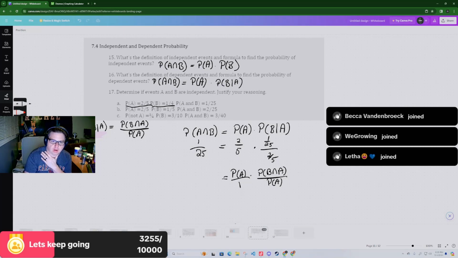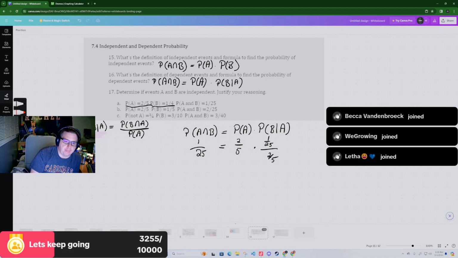Don't they cancel each other out? And we're left with the probability of A and B equals the probability of B and A. So it does work out even without the numbers. However, the numbers would definitely guarantee us that these two sets of numbers are equal.